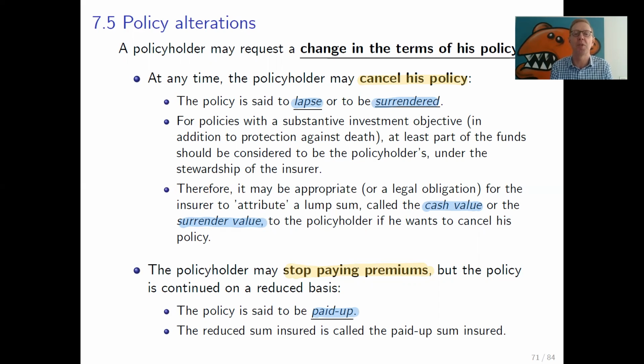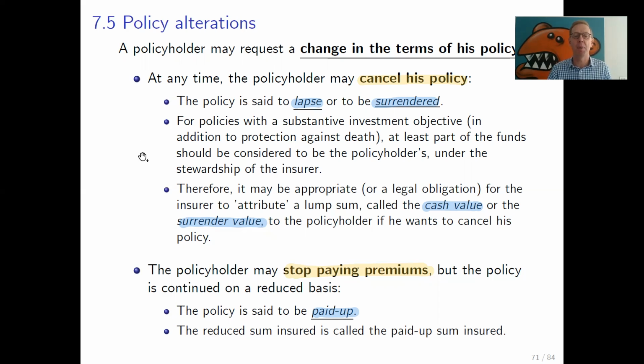So the insurer cannot say that. So part of these funds should belong in fact to the policyholders. That doesn't mean that they are given to the policyholders. They are in the hands of the insurer, but they do not belong to the insurer, but to the policyholder.